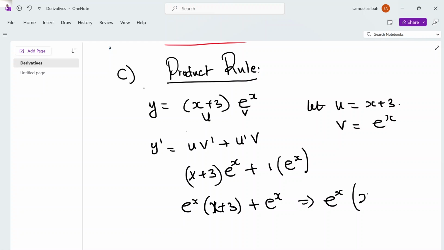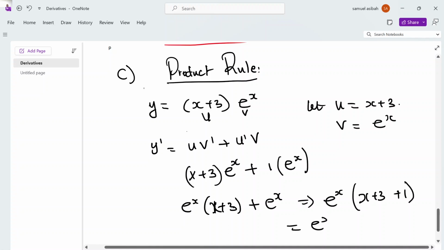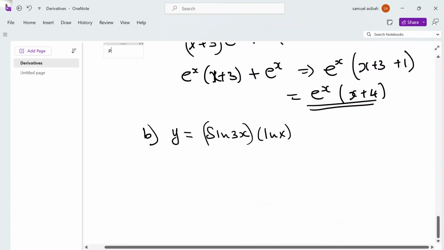We get x plus 3, then plus 1, which can be simplified to e raised to x times the bracket x plus 4, and that's the solution for that particular function.